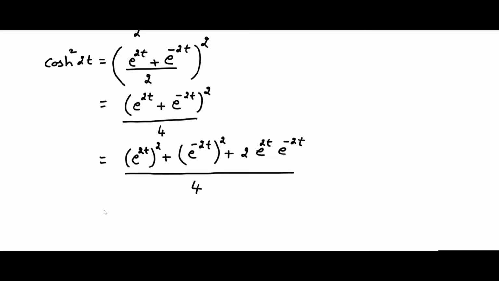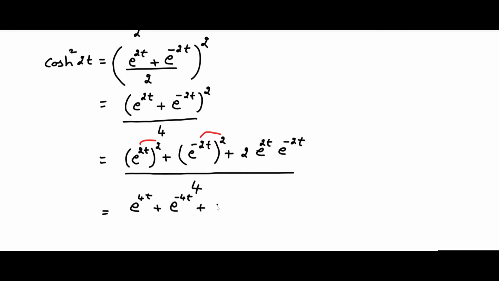Or further, if I try to simplify, it will be e power of, so we need to just multiply this value. So 2 times of 2, if you multiply, it becomes e power of 4t. Plus e power of, so here also we need to just multiply this minus 2 with minus 2, so we will be getting e power of minus of 4t.